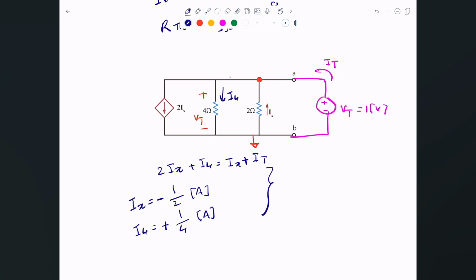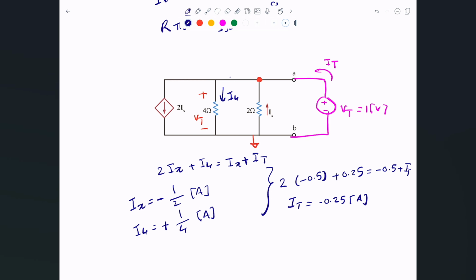Okay, so let me just combine all of these. 2Ix, which is 2 times negative 0.5, plus I4, which is 0.25, equals Ix, which is negative 0.5, plus It. And now it's one equation, one unknown. Let me figure out what the value of It is. And that happened to be negative 0.25 amps.